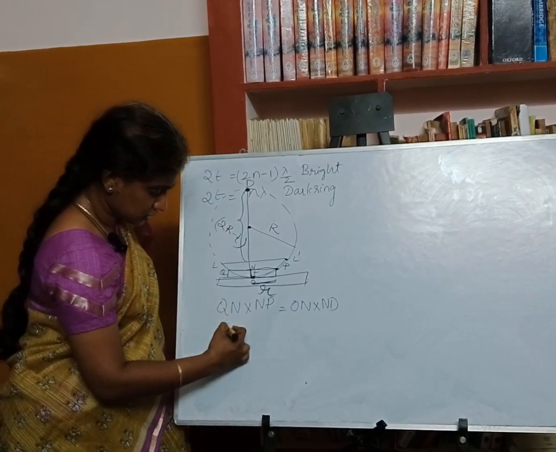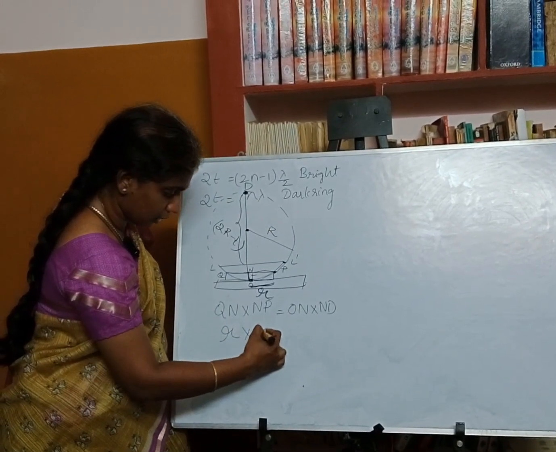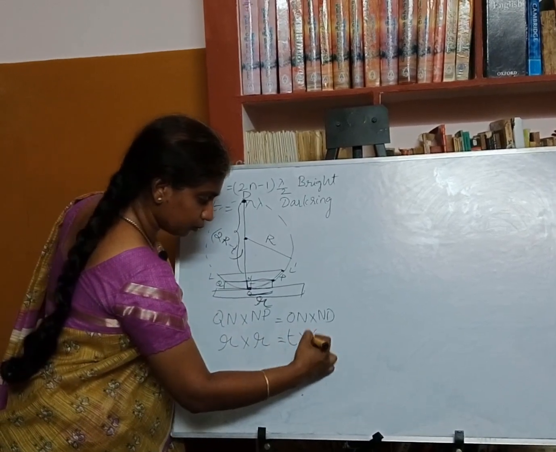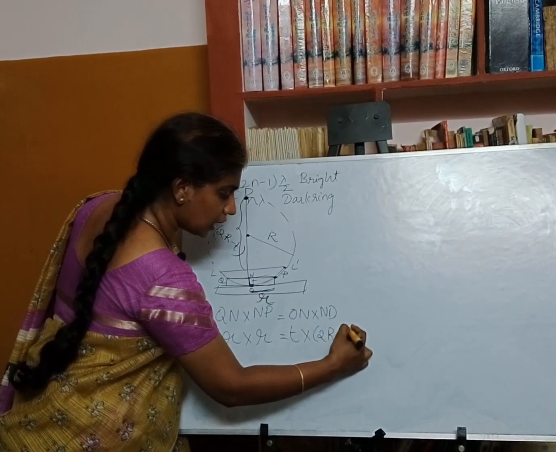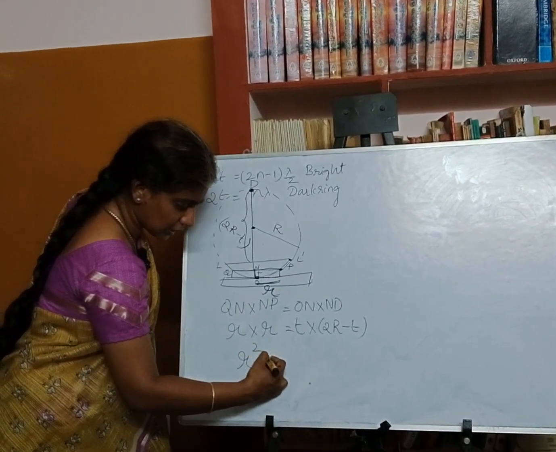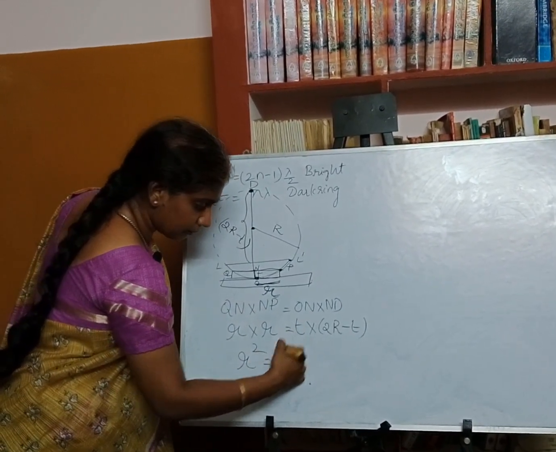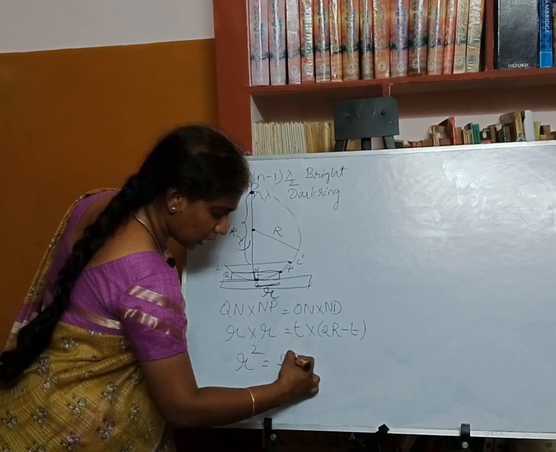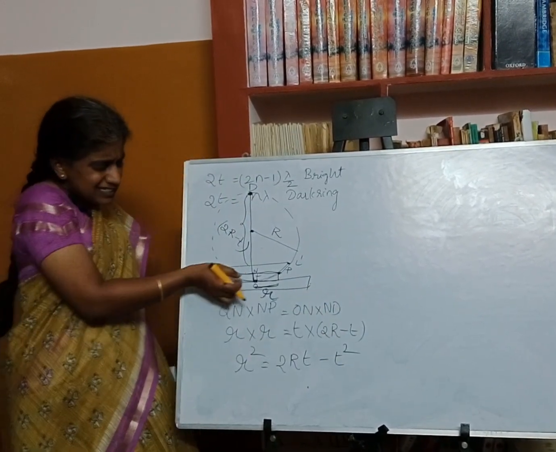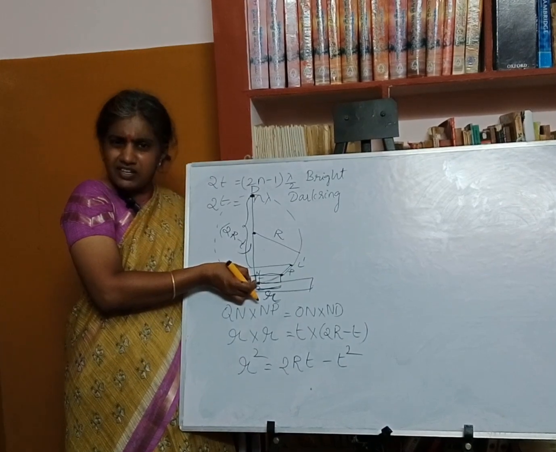Okay. So this is r into r equal to this thickness t into 2R minus t. r into r, how much? r square. This, if you multiply, is 2Rt minus t square. This air film thickness is very, very small.